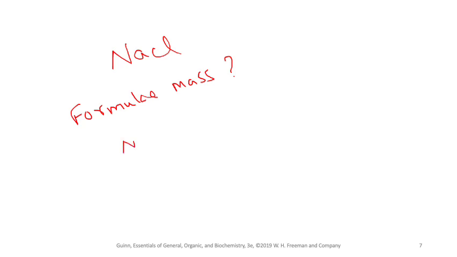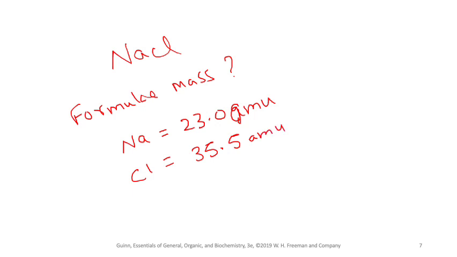So sodium has an atomic mass of around 23 AMU, and then chlorine has around 35.5 for an individual atom from the periodic table. So we know we have just 1 atom of both of them to make this NaCl, so you just add the masses of these two together. So you will get around 58.5 AMU.